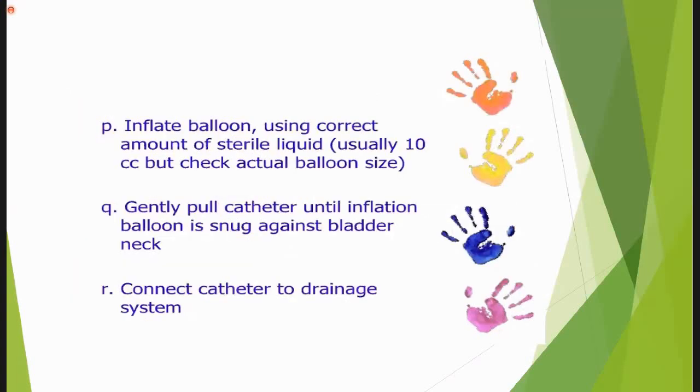Now inflate the balloon using the correct amount of sterile water, which I told you is 10 cc of sterile water, and gently pull back the catheter until the balloon is snug against the bladder neck. And at the end, connect the catheter to the drainage system or the drainage bag.